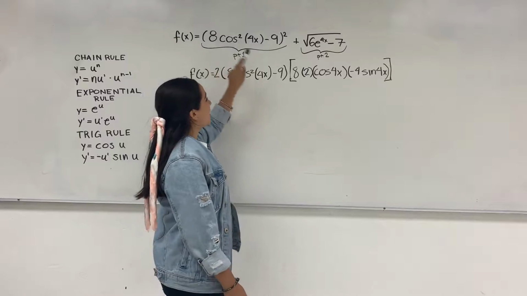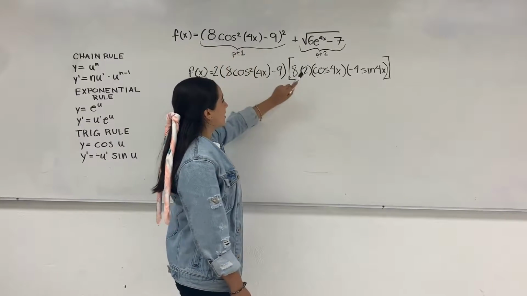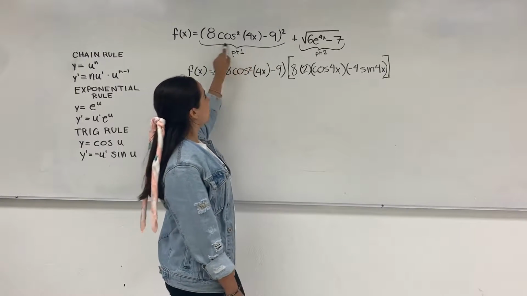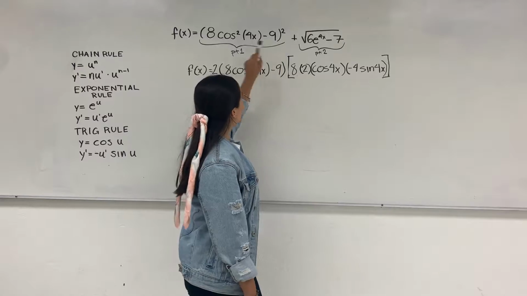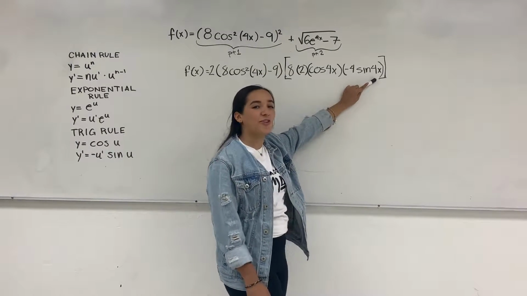So here we have 8 that we leave outside, and then the 2 multiplied by the copy paste of this one, and the derivative of the u, that is -4 sine of 4x.